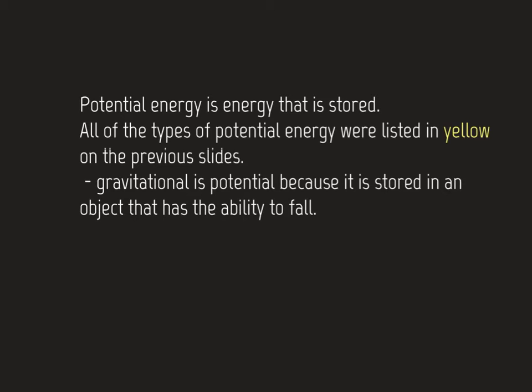If you look back at those definitions, especially of chemical, nuclear, and elastic, it says energy stored in chemical bonds or the nucleus of an atom or objects that are stretched. Gravitational is considered to be potential energy because it's stored in an object that has the ability to fall. So if it's in an object above the surface of the earth, if it can fall down, then it's got gravitational potential if it's up off the ground.